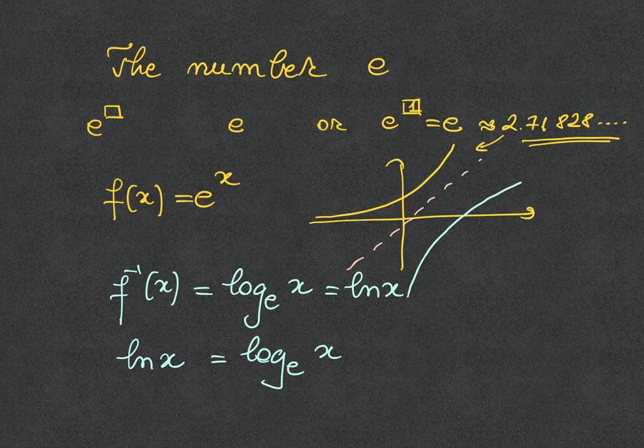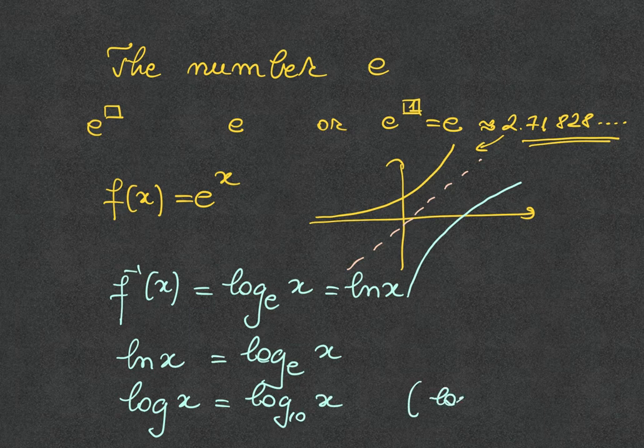You'll see on your calculator another button called log of x with no base. It's a convention that log x is actually log in the base 10 of x. Try to press in your calculator log 10 and you see that you get 1, because this base is implicitly 10, so 10 to the power of 1 is 10.